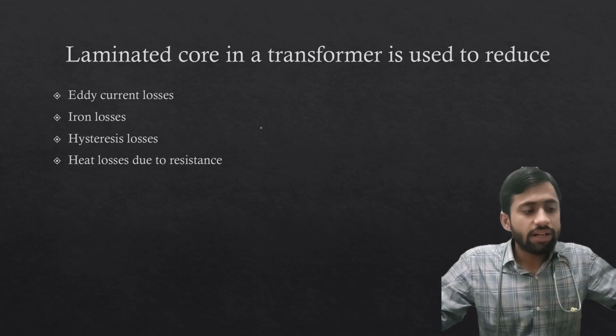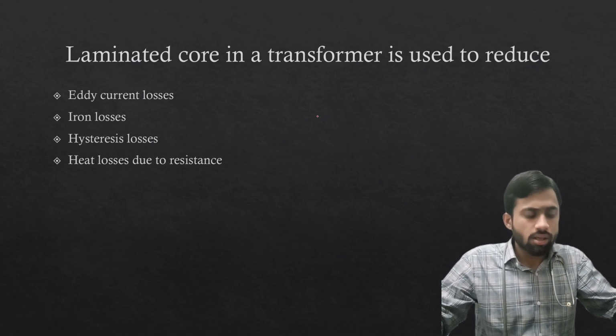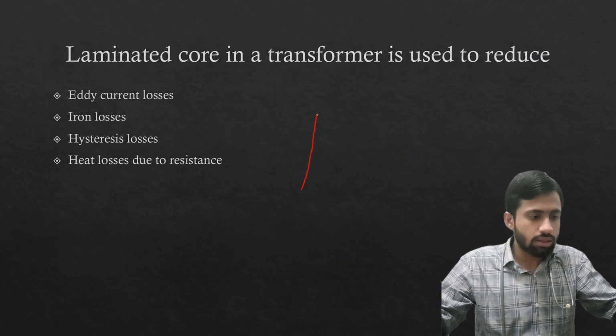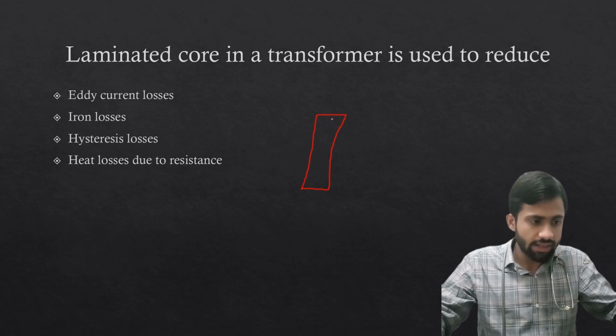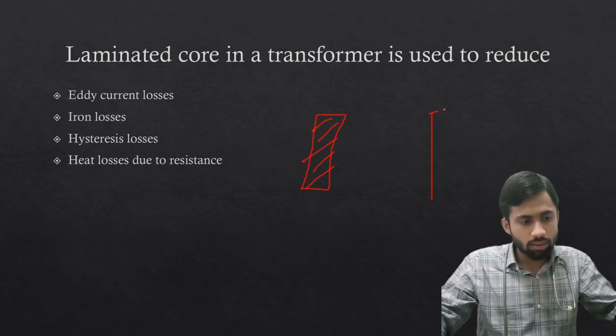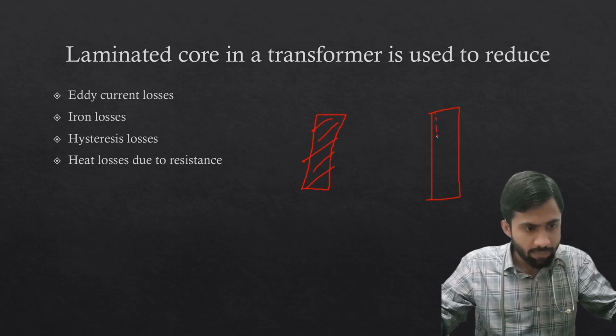Let's move on. Laminated core in a transformer is used to reduce. Now the laminated core is like, if you look at a superior view, this is the core and this is a thick metal. Now another thick piece of metal is right over here that you use in your transformer, and it has deep cuts in between.